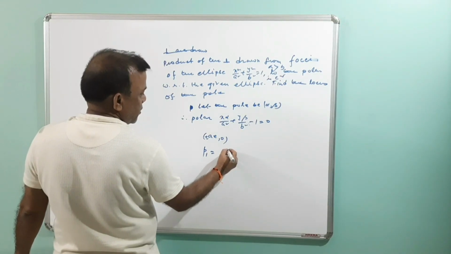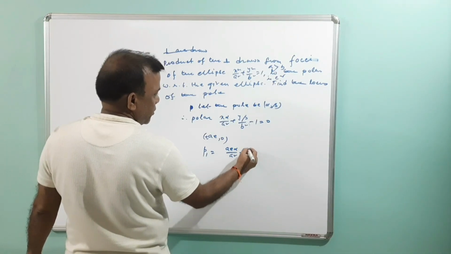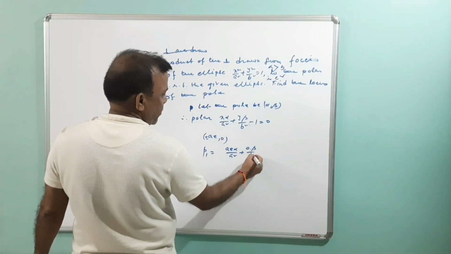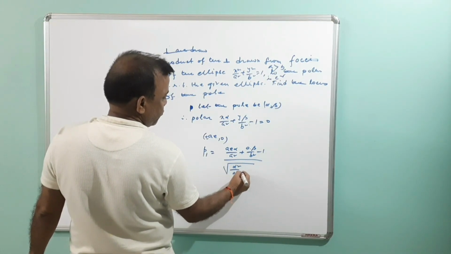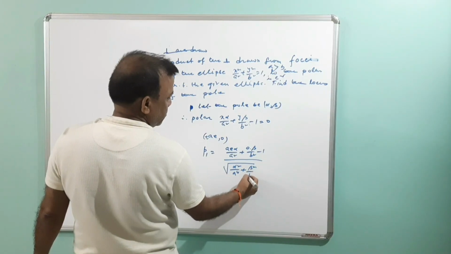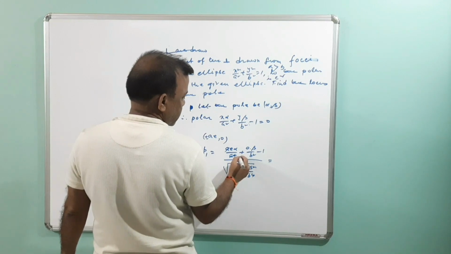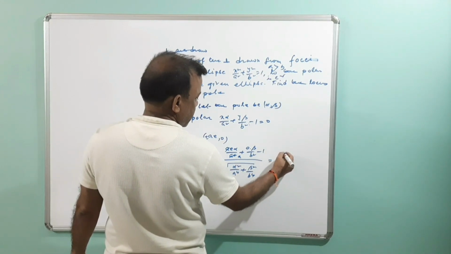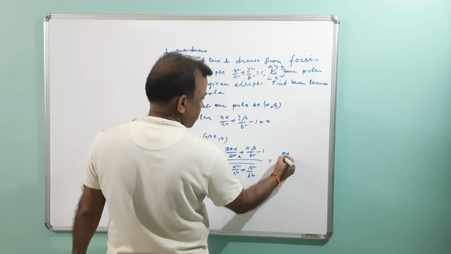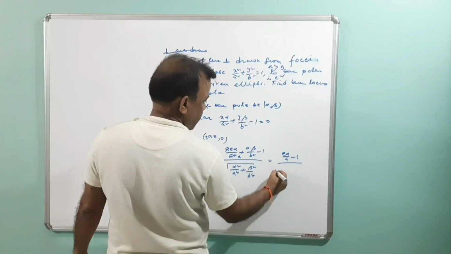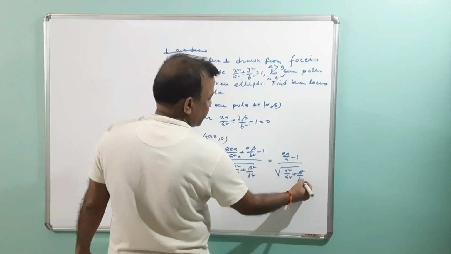Therefore p1 equals ae alpha by a square plus 0 beta by b square minus 1, divided by root under alpha square by a to the power 4 plus beta square by b to the power 4. After cancellation, we get e alpha by a minus 1 divided by root under alpha square by a to the power 4 plus beta square by b to the power 4.